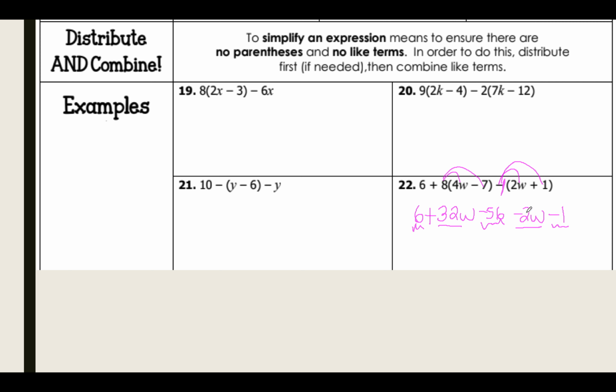So 32w minus 2w, if I have $32 and I spend 2, I only have $30 left. 6 minus 56 is going to be negative 50, minus another 1 is going to be negative 51. If again you needed to do that on a calculator, cool, do it on a calculator. There's our final answer.